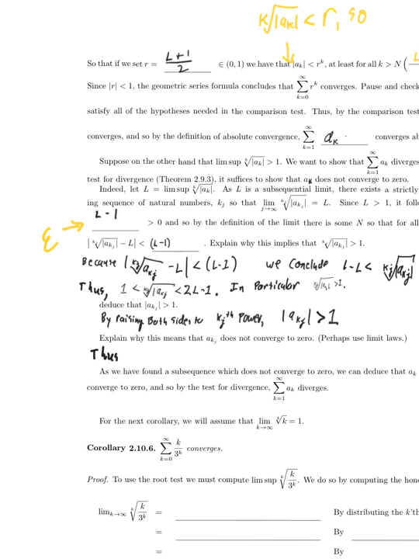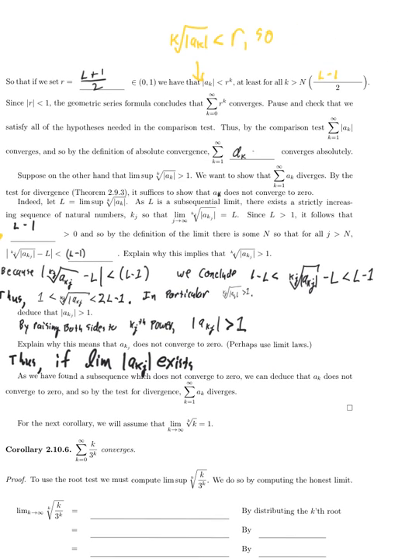Thus, if the limit of absolute a sub k sub j exists, no, let's phrase it this way, because that's not what I'm directly interested in.